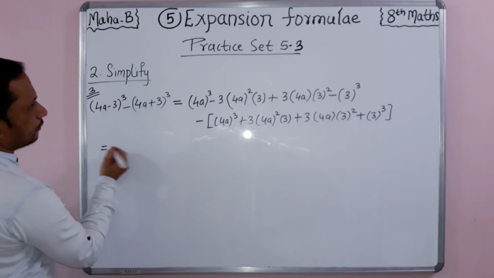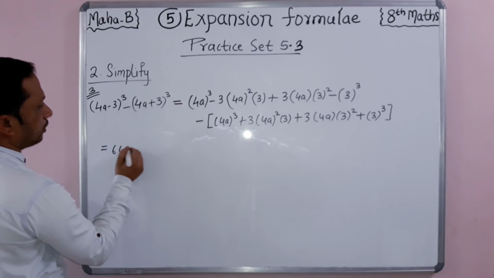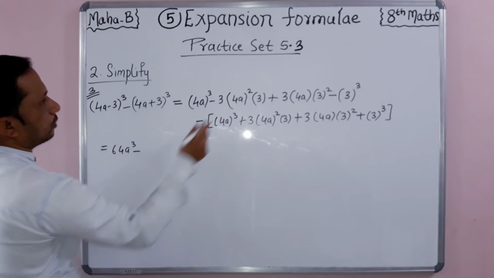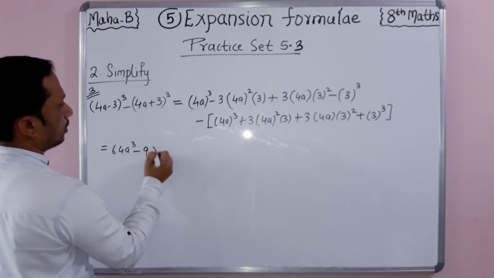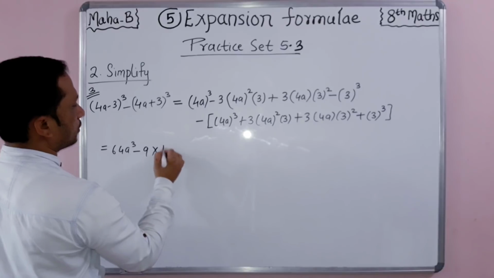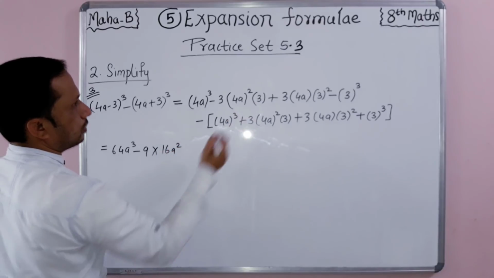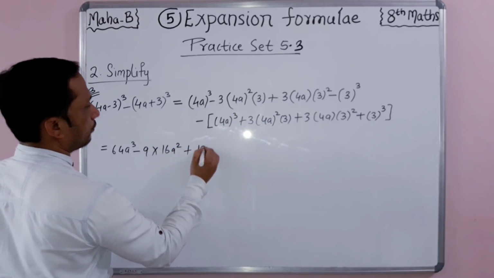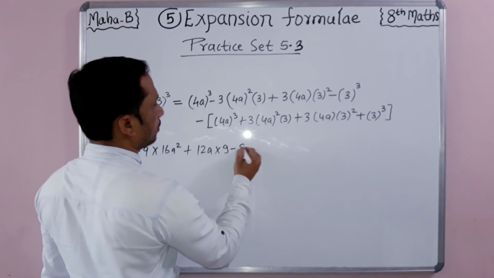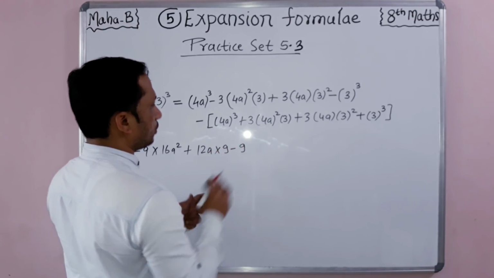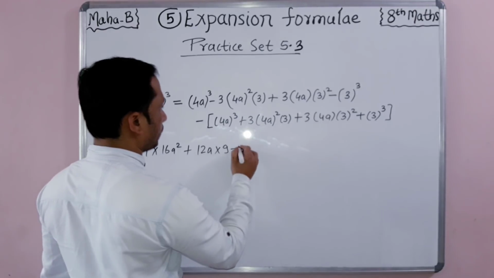What we can write, 4a cube is 64a cube, minus 3 and 3 into 3 is 9, 9 into 16a square, then plus 3 into 4, 12a into 9, and minus 9 will be there. Okay, 9, it is not 27, it is 27.